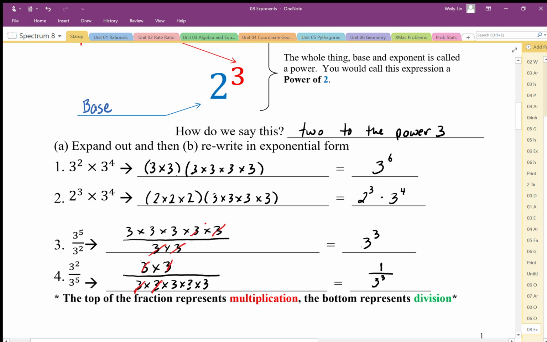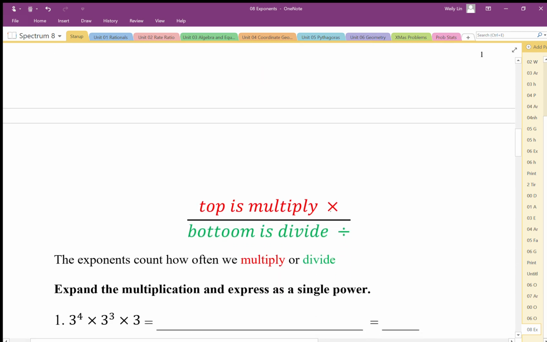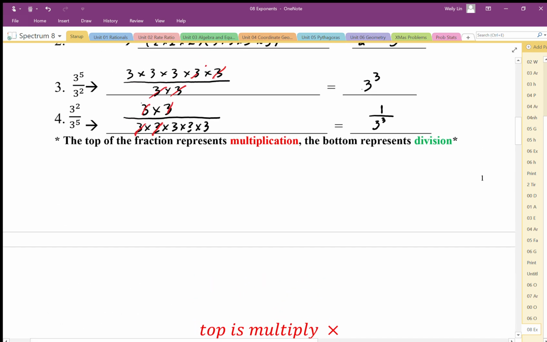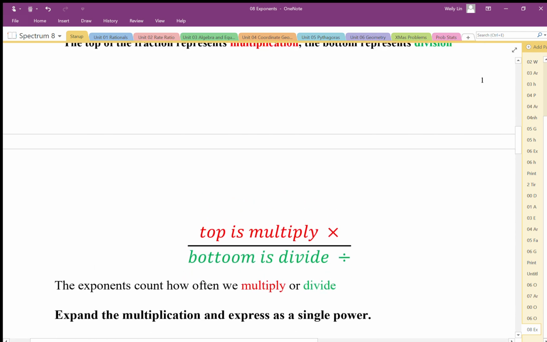So that's a very important thing that we should remember, is that top is times, bottom is divide. So when we have these fractions, if we have extra divides, we just count them in the denominator, and that would give us an appropriate use of exponents when we're counting divide. So exponent count on top is going to be counting times, and the bottom is going to be divide. And we can cancel things out if we have the same multiplier or divisor, if we have the same base.